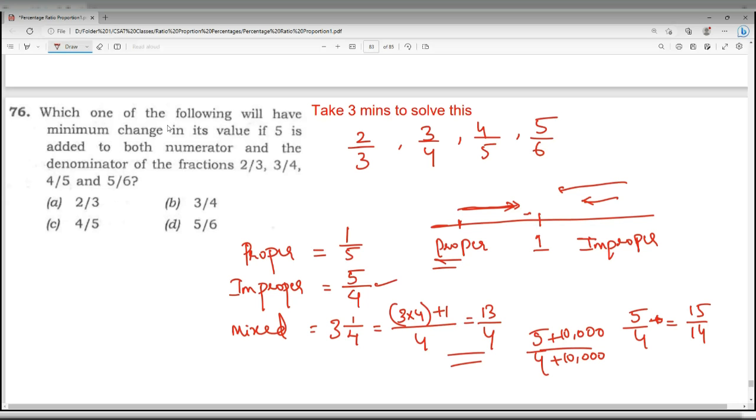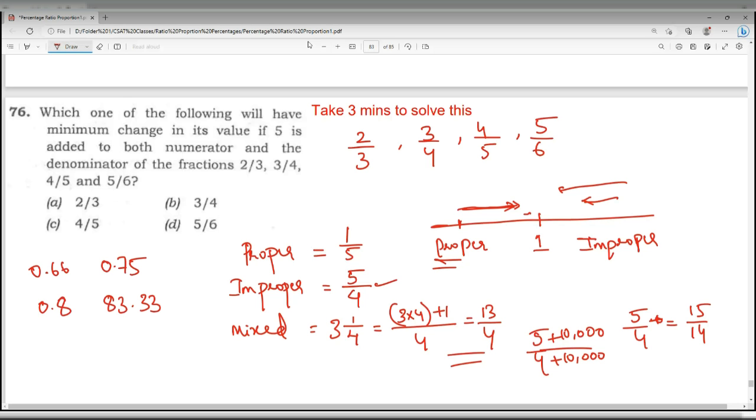So 2 by 3 in decimals is 0.66. 3 by 4 is 0.75, and 4 by 5 is 0.8, and 5 by 6 is 0.833.